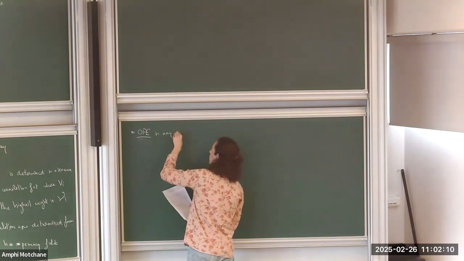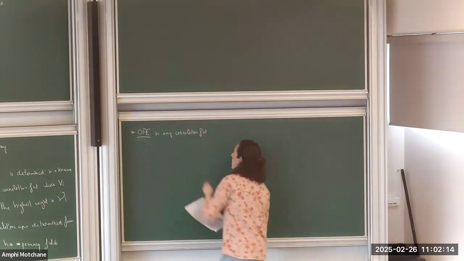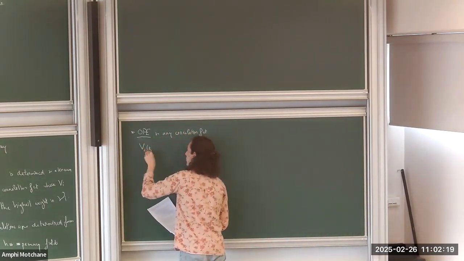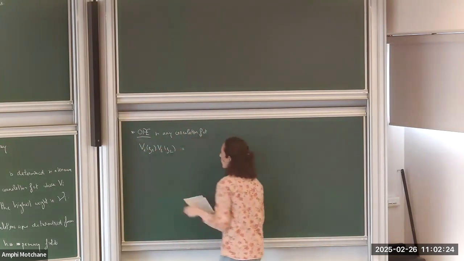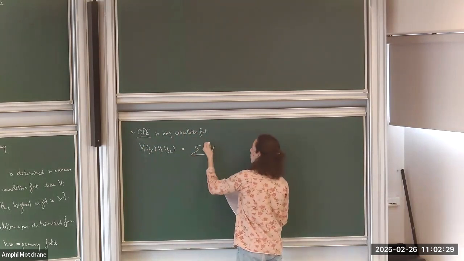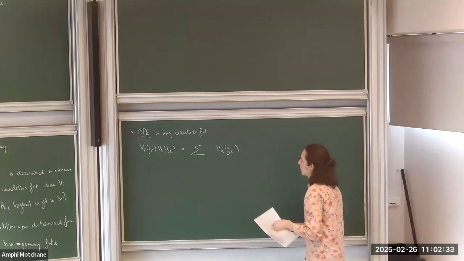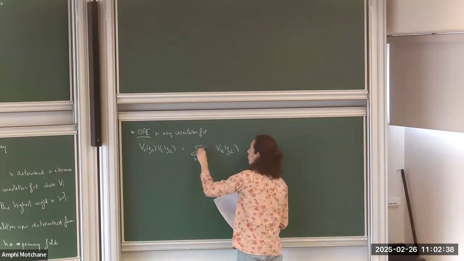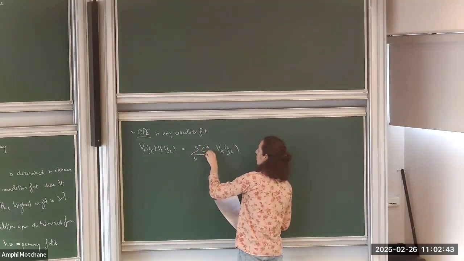In any correlation function, you can replace V1 of Z1 times V2 of Z2 by a certain sum over k of Vk of Z2, with coefficients in this decomposition called OPE coefficients, which I denote C^k_{12}.